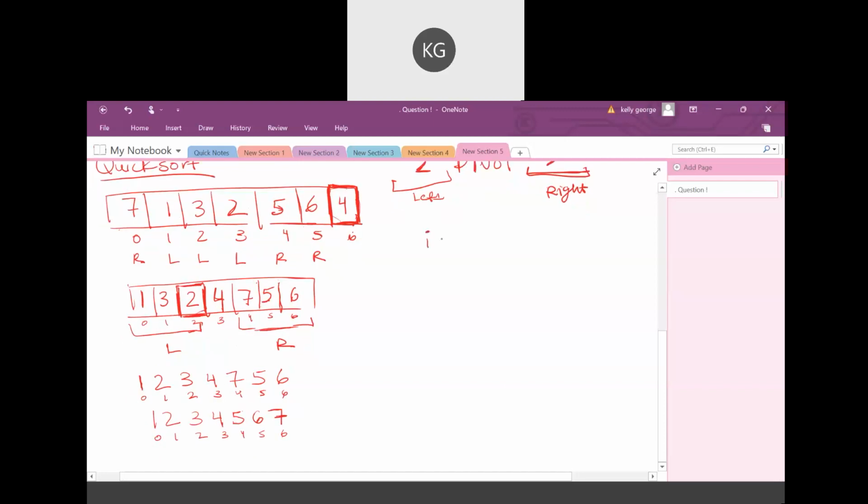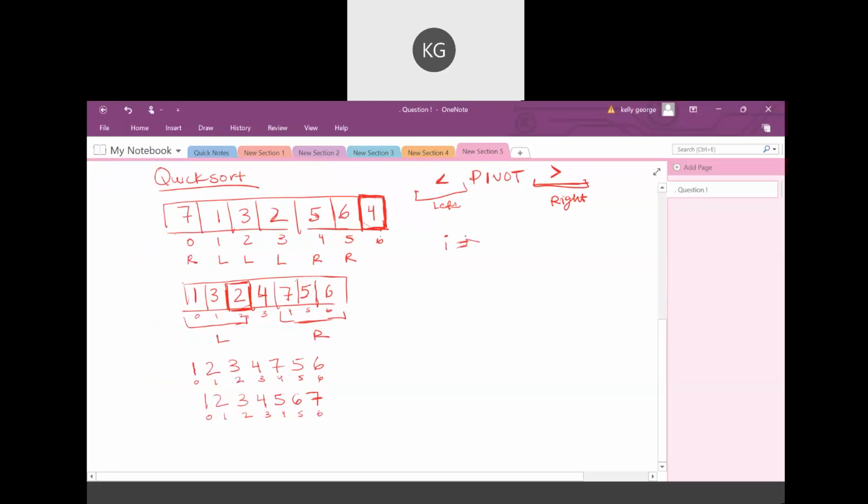I'm going to say i means the index where we should be, and j is the actual index.